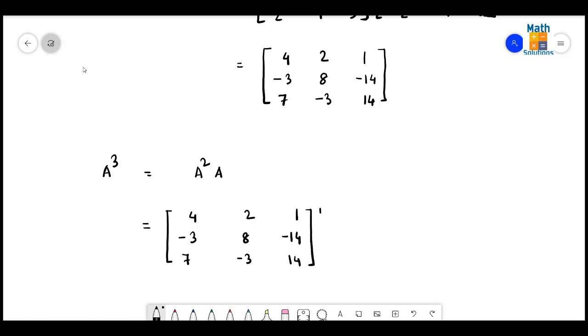Then in place of A, we put the values 1 1 1, 1 2 minus 3, 2 minus 1 3.